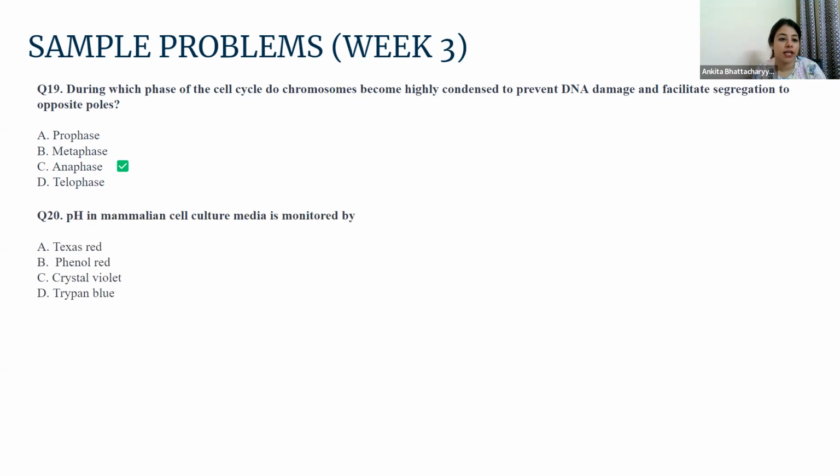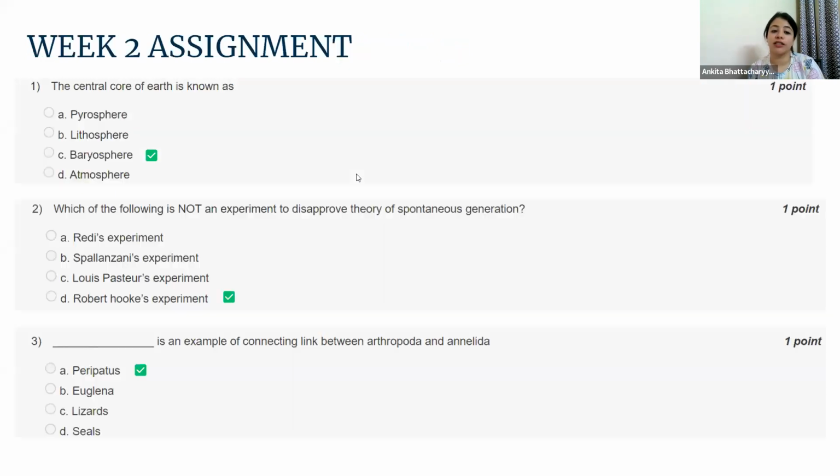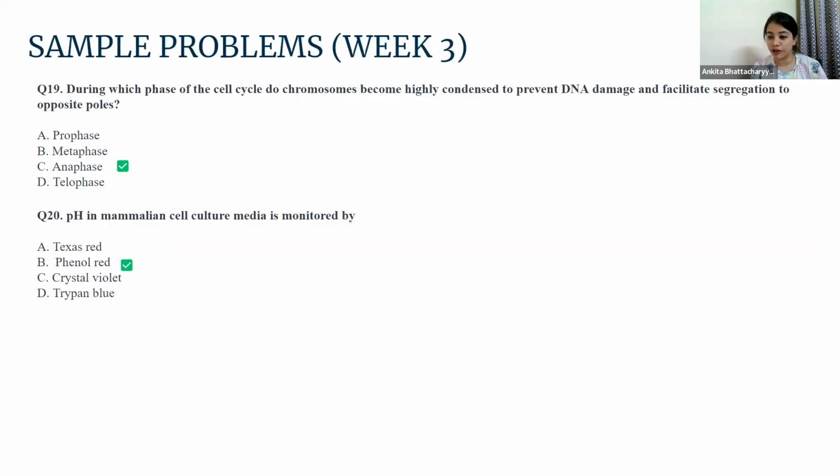And finally, the last sample problem for week 3 is about the pH in mammalian cell culture media. The question that might come up is, why is the pH so important? It is important because of buffers. You've answered B, yes, you're correct. It is monitored by phenol red.